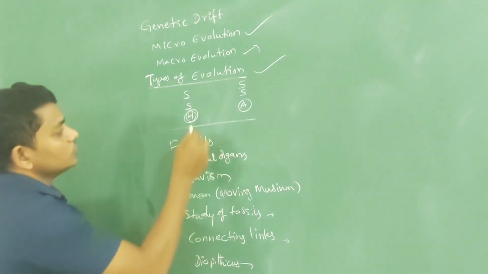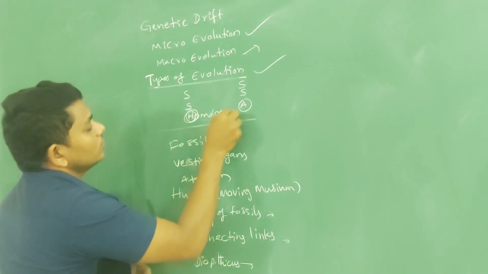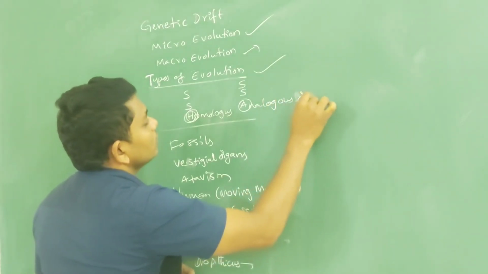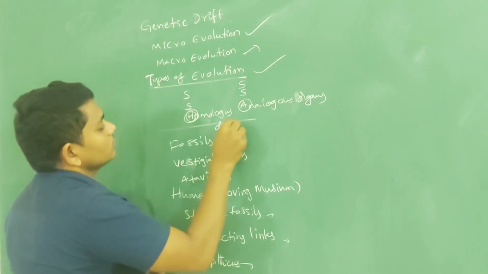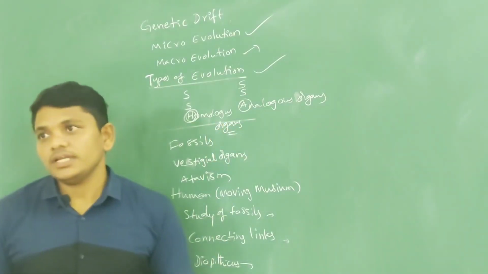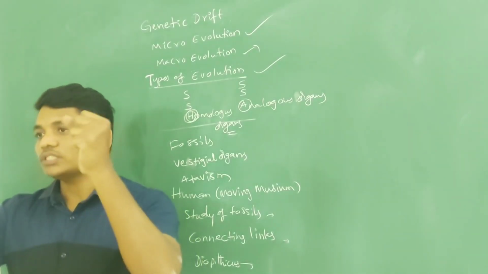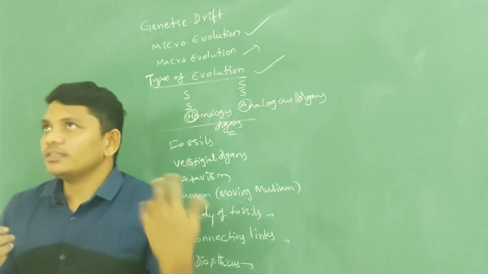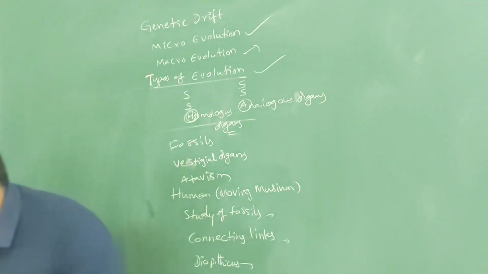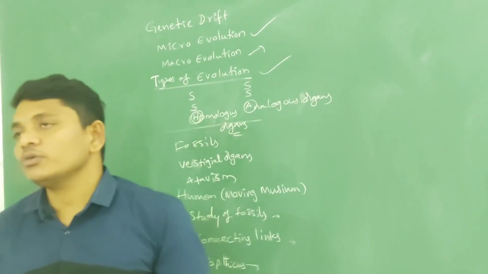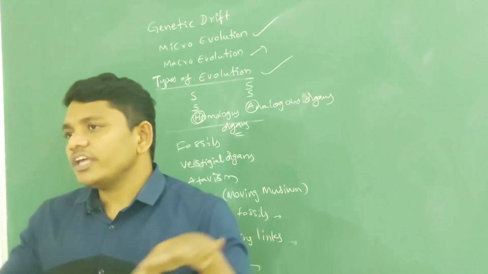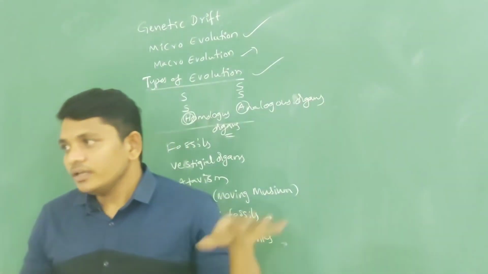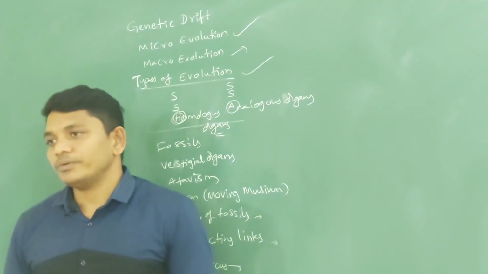homologous and analogous organs. In some animals, for example, human beings, we use our hands to grasp the material, whereas tigers use their legs to run, blue whales use their fins to swim, and the bat uses its patagia for flying.